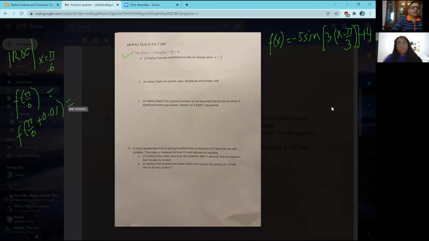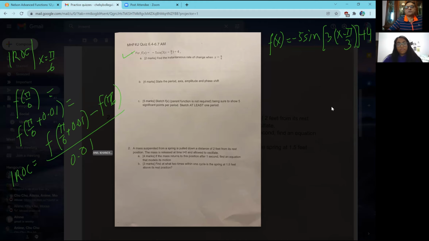And then instantaneous rate of change will be f of pi by 6 plus 0.01 minus f of pi by 6 divided by 0.01. So that is what you'll get as your solution. Is it okay? So you have to plug in all these values in your calculator to find this particular answer. Is that clear?